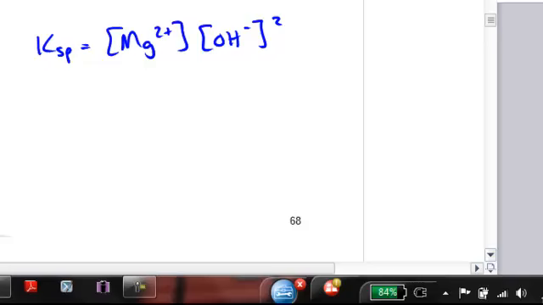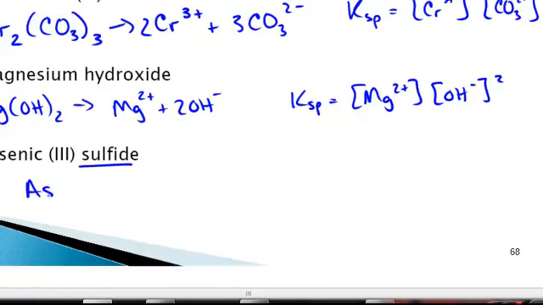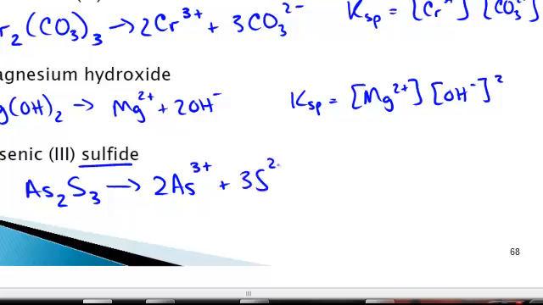And the last one, you see a sulfide. That's special. Arsenic 3 sulfide is As2S3. It splits up into 2 As3 plus and 3 S2 negative. But immediately this part gets replaced with HS negative and OH negative.